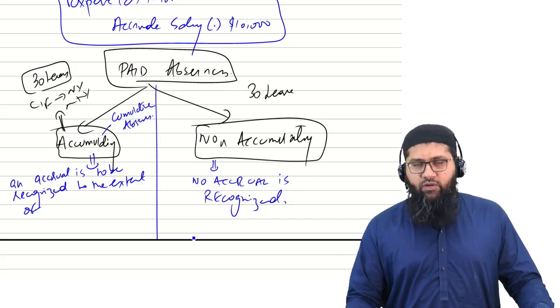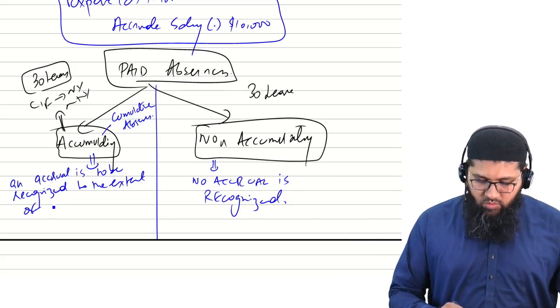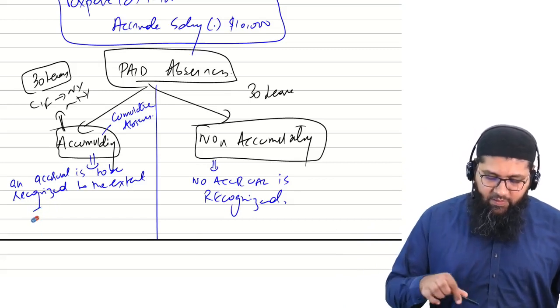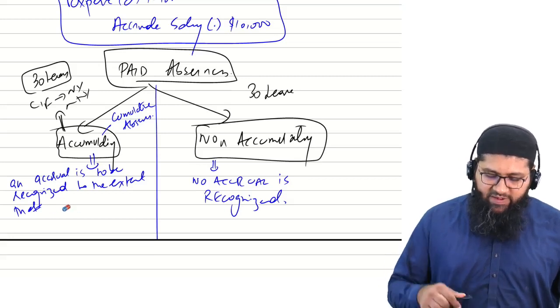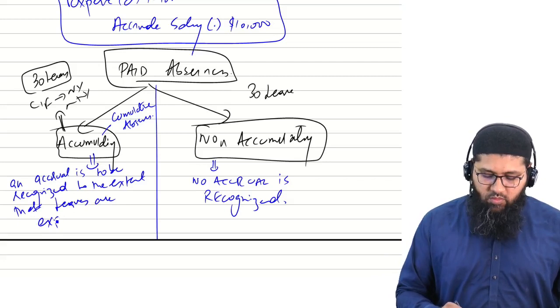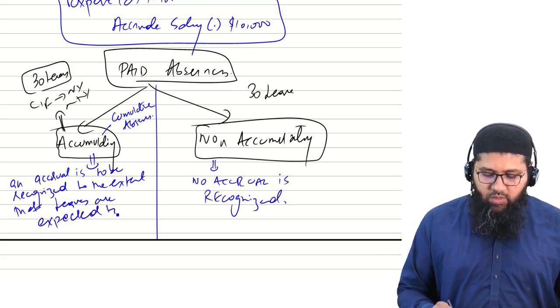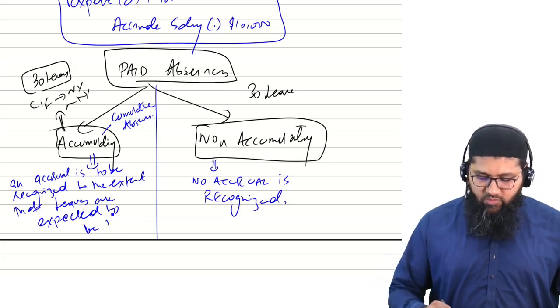An accrual is to be recognized to the extent that leaves are expected to be utilized.